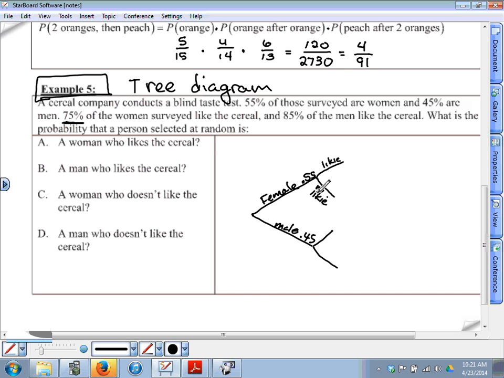So I choose L and L: likey and no likey. What percentage of the women liked the cereal? 75, so that's 0.75. And how many no likey? The other percentage, which is 25%.